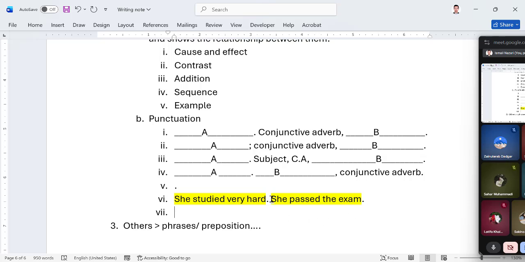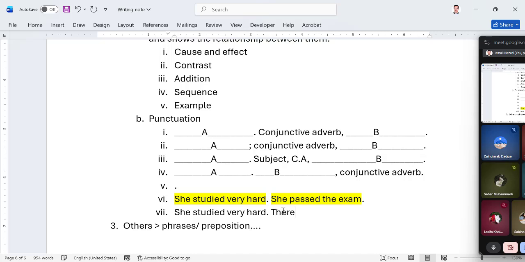So when we have idea A, she studied very hard, and then we have she passed the exam, we can use this relationship. We say she studied very hard, then we can use a dot if I go on with the first rule of punctuation. Then I can use a conjunctive adverb. For example, the second sentence is the result of the first sentence.